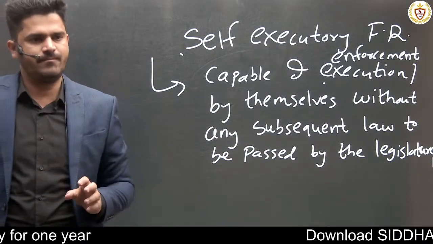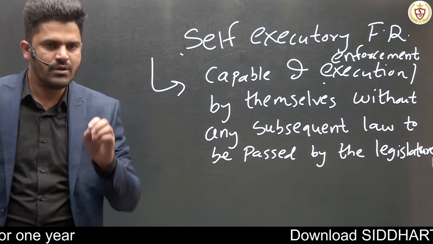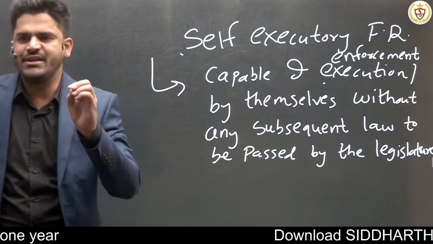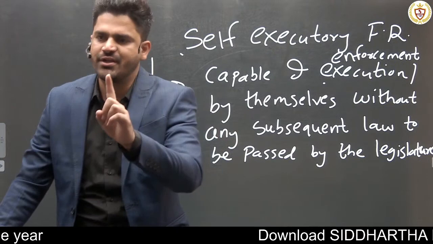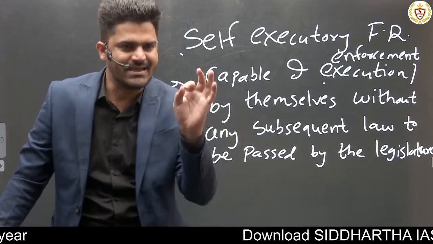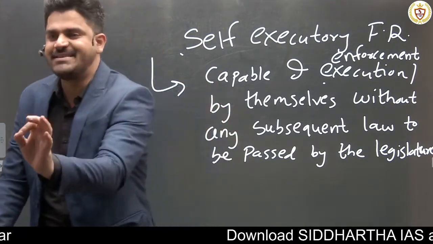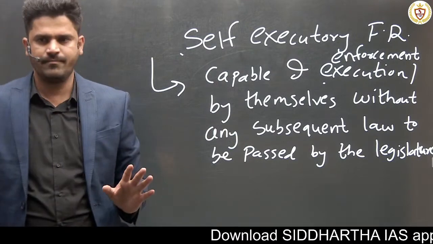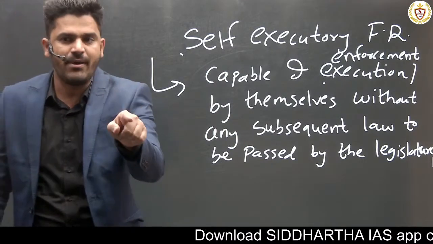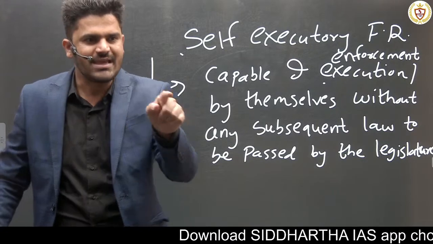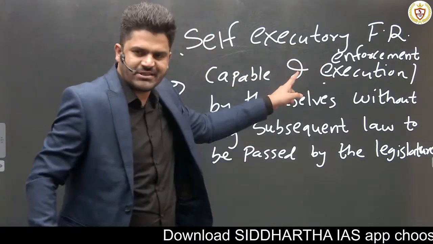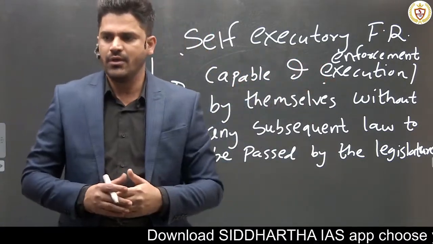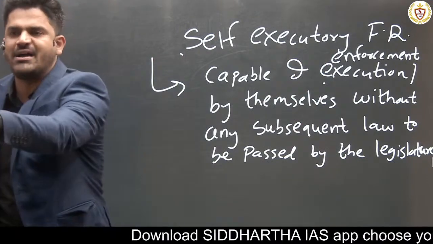For example, equality before law and equal protection of law under Article 14. This is an example of a self-executory fundamental right, because it is capable of enforcement or execution on its own without any subsequent law to be passed by the legislature.